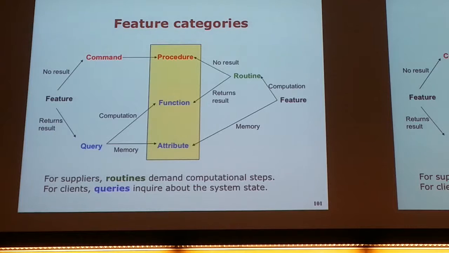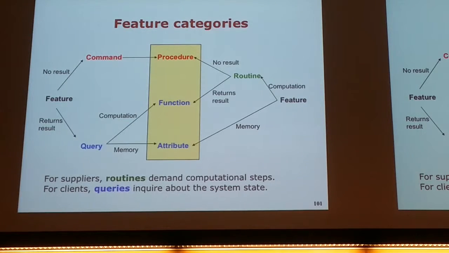As far as I as a client am concerned, I only see the feature either as a command or as a query. Okay? It is a command when it actually returns nothing. It is a query when it actually returns something to me. However, how the query is actually implemented, I don't care.